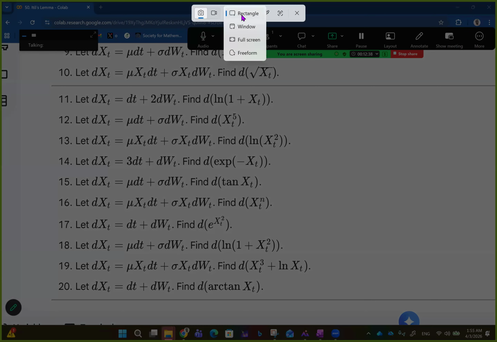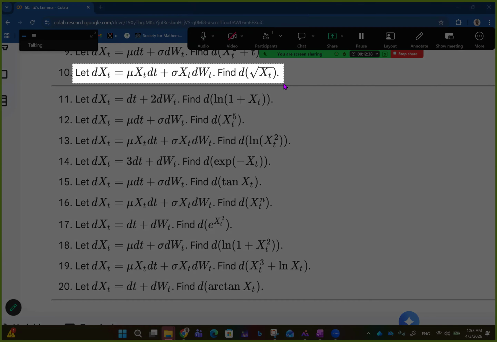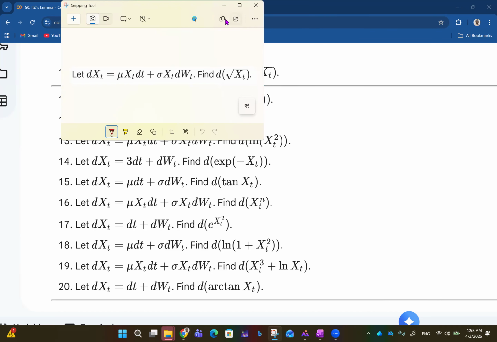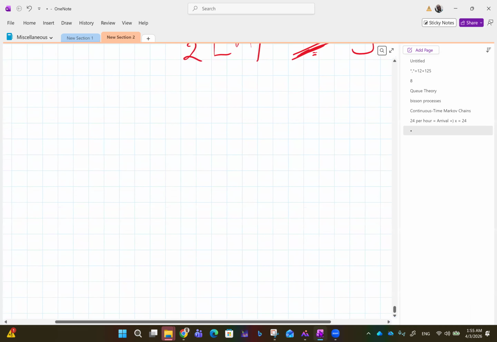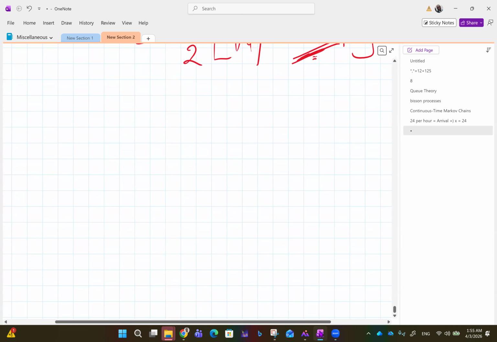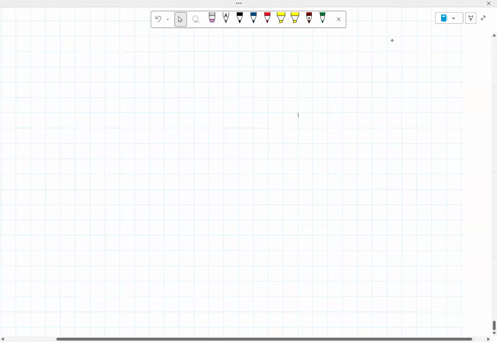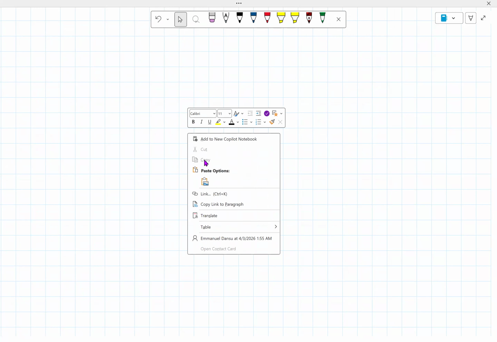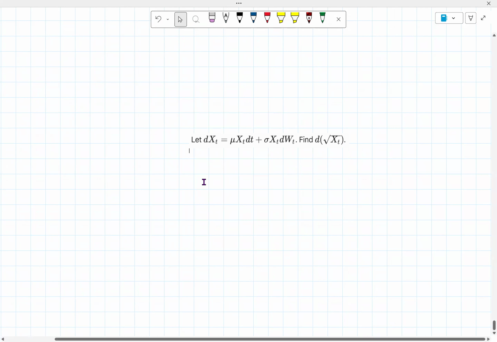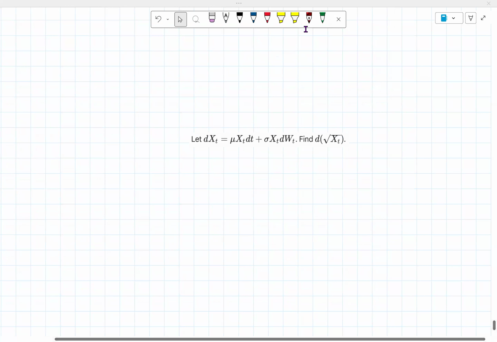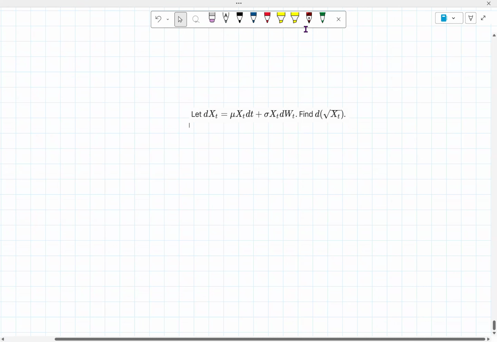So I take this question 10 now. Then I just copy, then I come over here, and then I can paste. So this is what we have now. We want to find d root x_t.